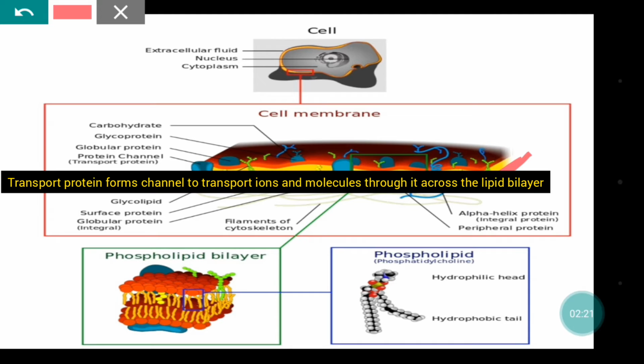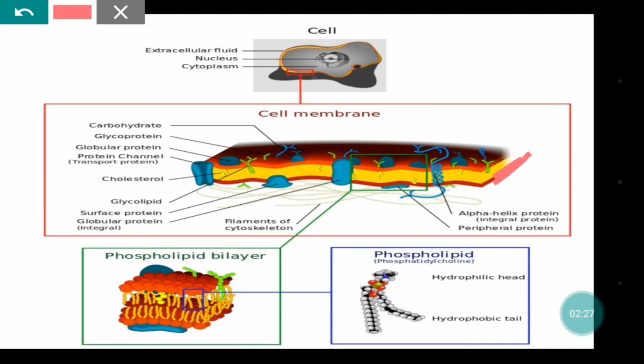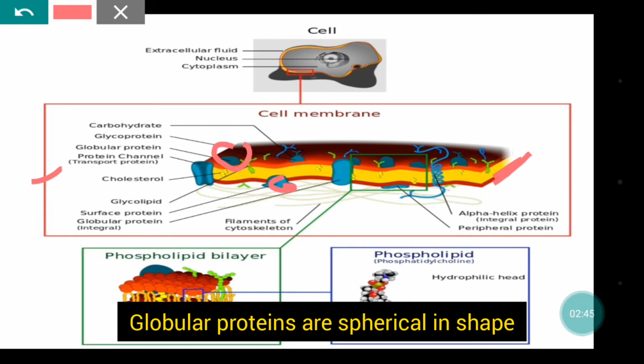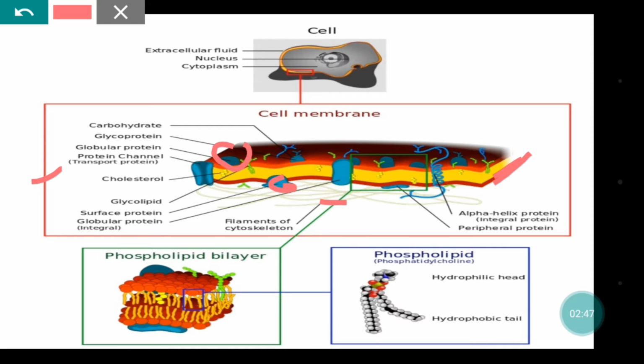If some molecule or ion is to cross the membrane, then it will move through this protein channel. That's why it is called a transport protein. Another are the globular proteins. Here this is a globular protein, this one is also a globular protein, these two are globular proteins.